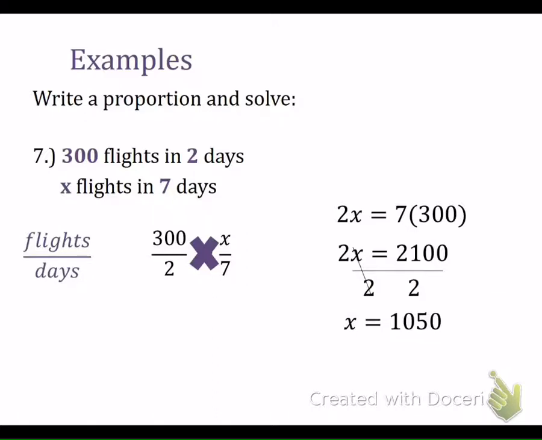No. All right. And since it is a word problem, you should take it back to the label that's up here. So x represents the number of flights. 1,050 flights. Any questions?